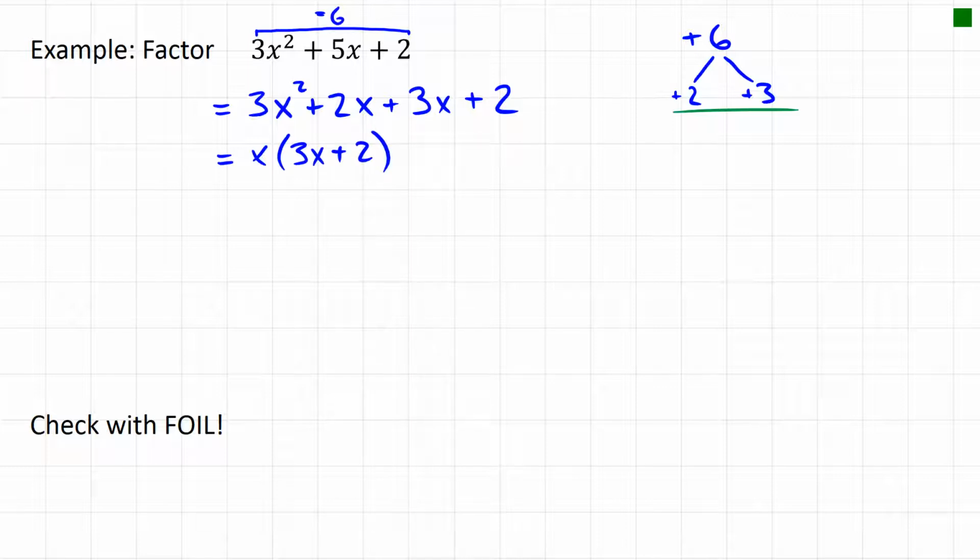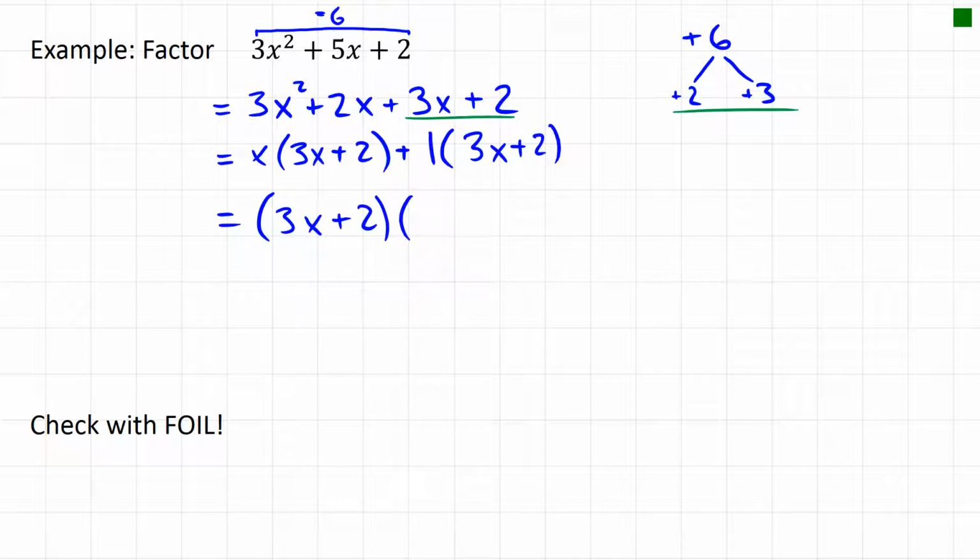And in the second pair, there's actually nothing in common between 3x and 2. So what we essentially do is factor out a 1. So we have plus 1 times 3x plus 2, because pulling out a 1 doesn't do anything to the bracket. And now we complete our factor by grouping, and we've factored the trinomial.